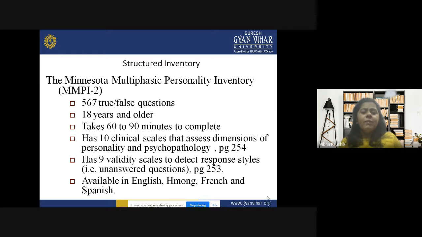Takes 60 to 90 minutes to complete, and the time taken by a particular subject to complete that test is from 60 to 90 minutes.